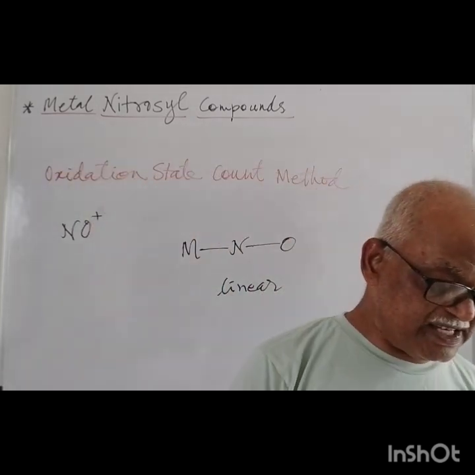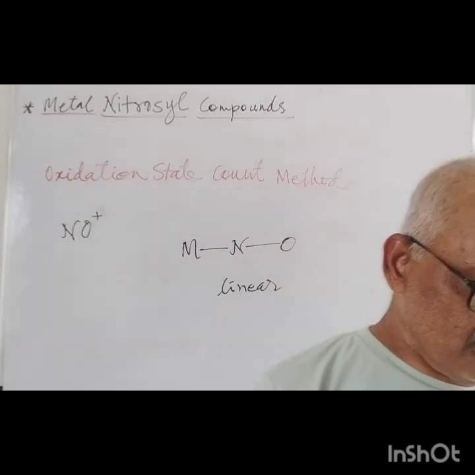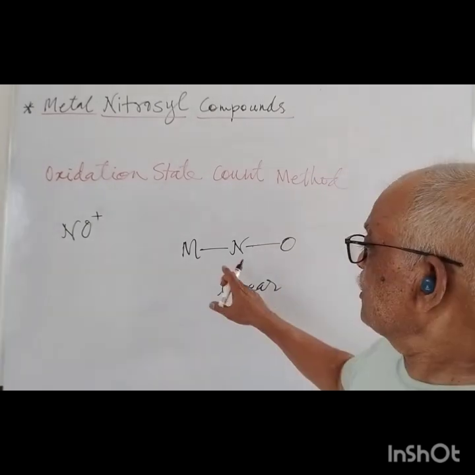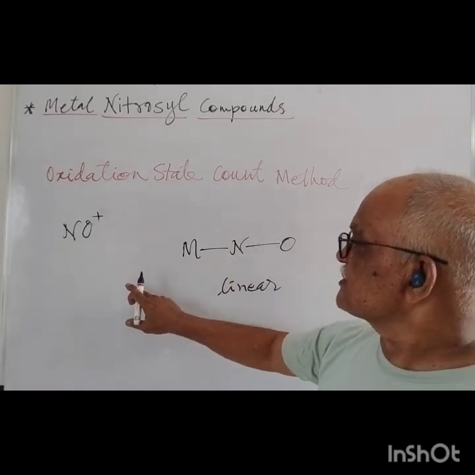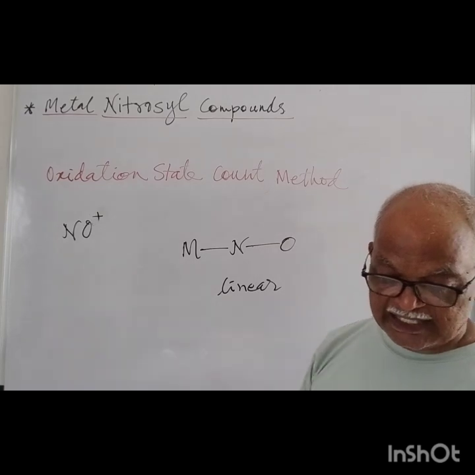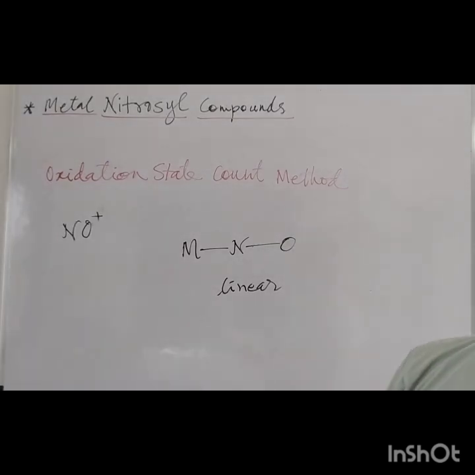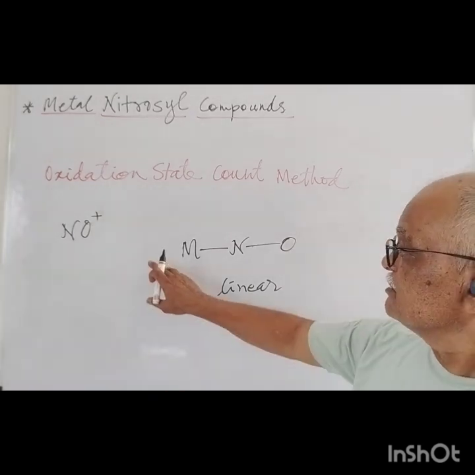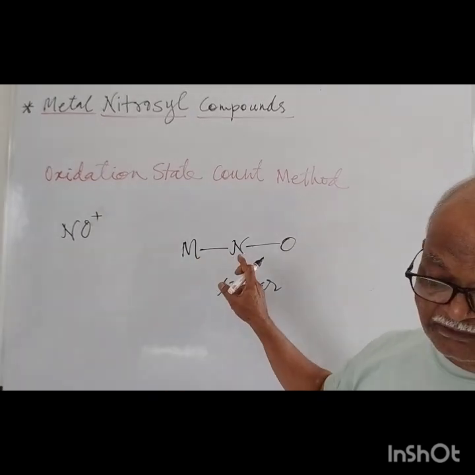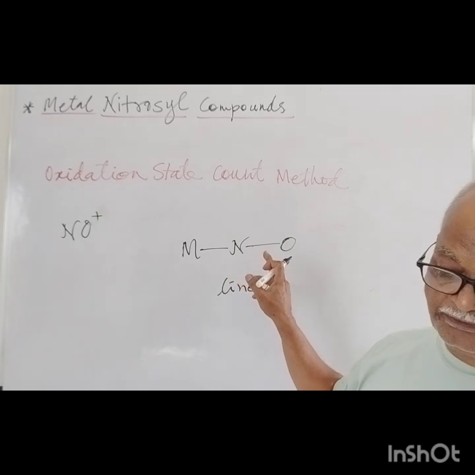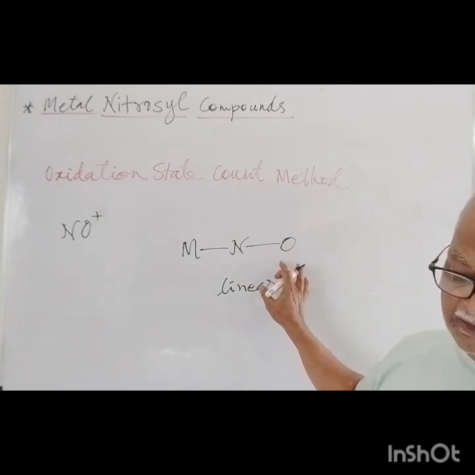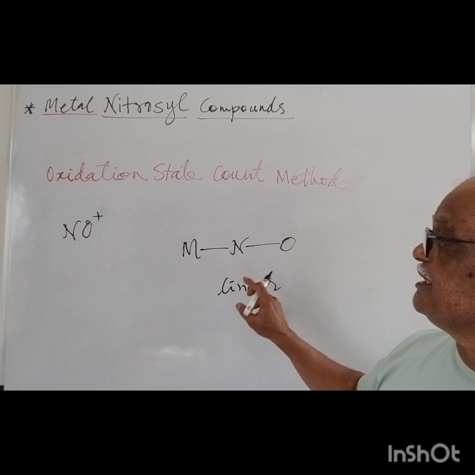That is, linear geometry is observed. Means when this nitric oxide group is NO plus, it is having the structure like this, that is linear.